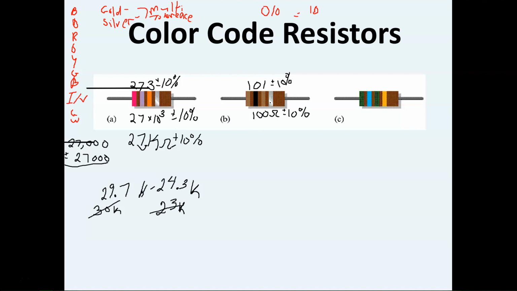So what this means is whenever I look at this to find the 10%, I'm going to be doing 100 plus or minus 10. That means my range falls between 90 and 110.